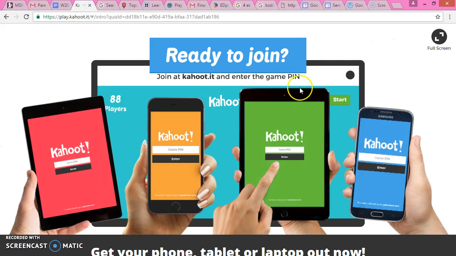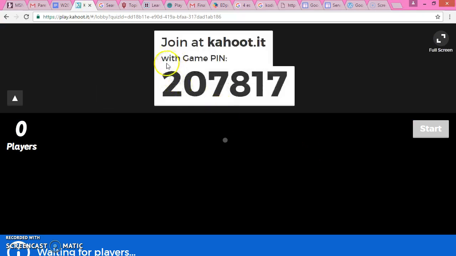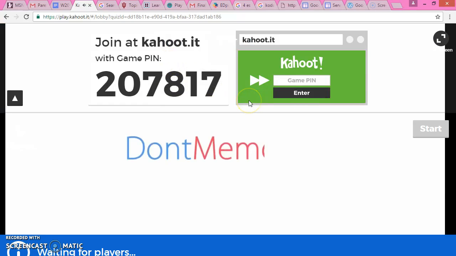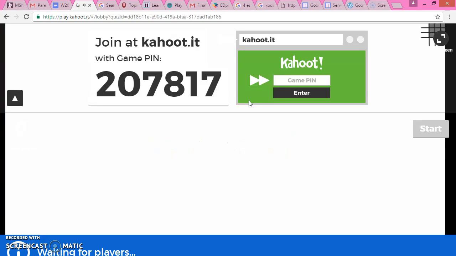So they say get your tablet out or your phone out, and then they have a game pin. With their device, they should be able to type in the game pin, 207.